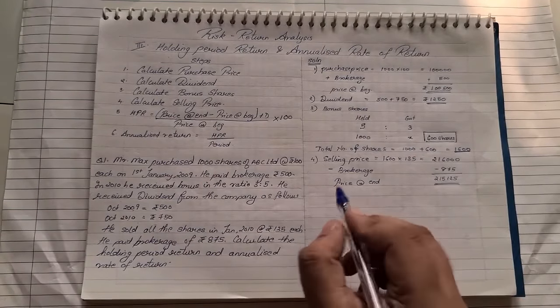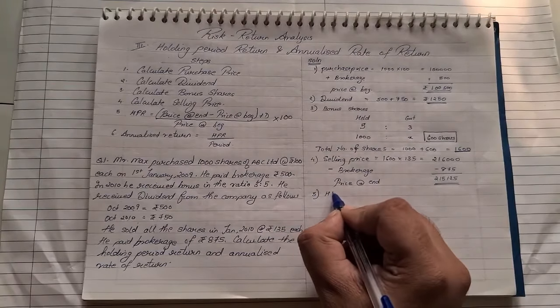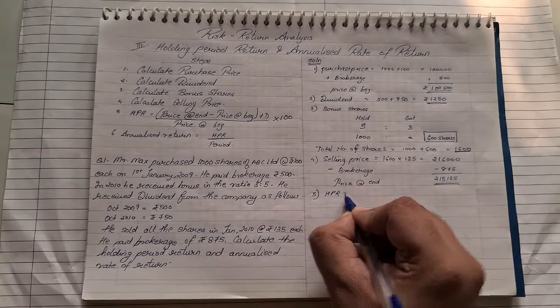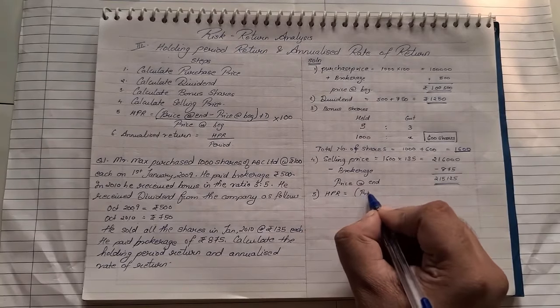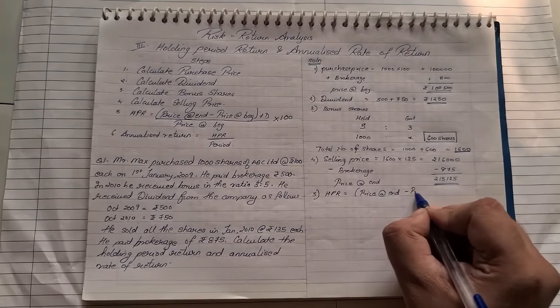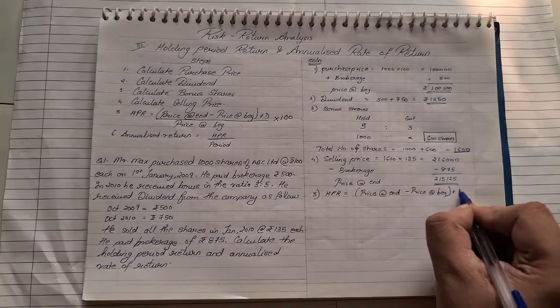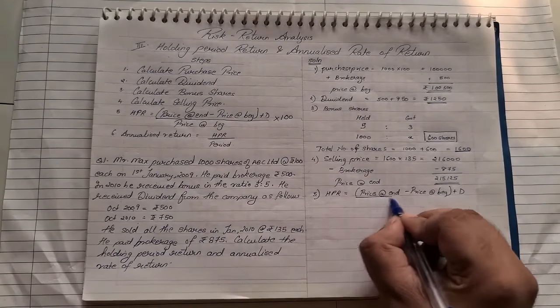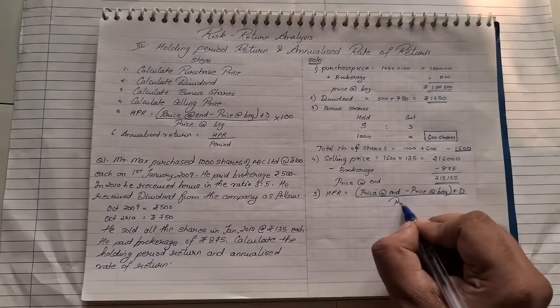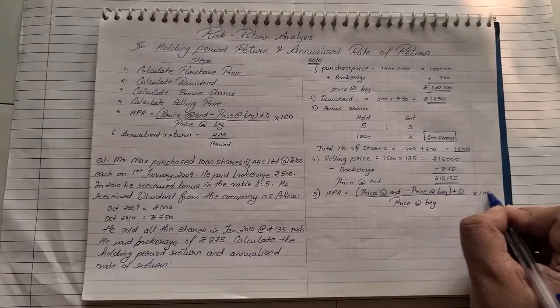Now once we have found the selling price, we come to our actual formula, that is holding period return is equal to, we'll note the formula first, that is price at the end minus price at the beginning plus dividend, upon price at the beginning, into 100.